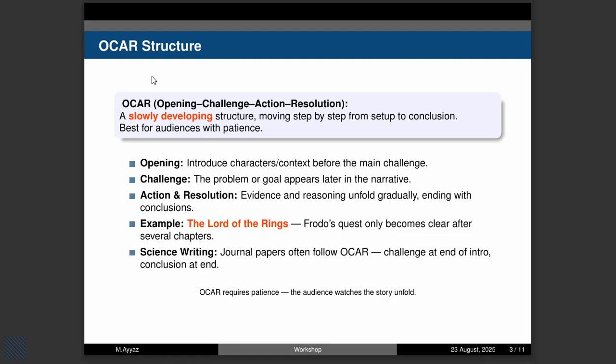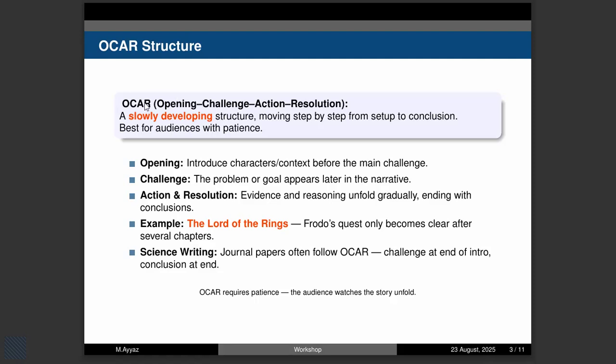The structure of the story depends upon the nature of the audience. Is the audience patient enough to be engaged with a longer story, or is the audience very impatient and wants to get most of the conclusion while reading as little as possible?